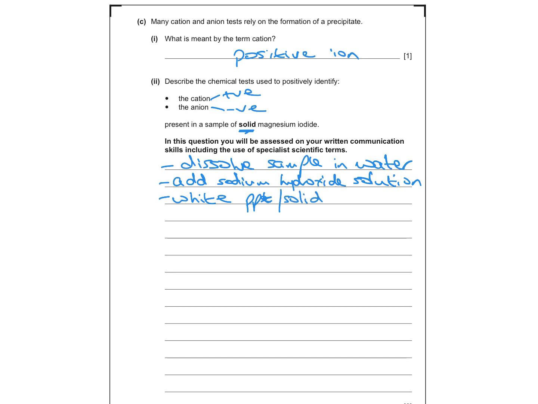Now a white precipitate, a precipitate is just a solid that forms in a liquid during a reaction. Now magnesium ions are not the only cations to form a white precipitate with sodium hydroxide solution. Aluminium and zinc ions will produce the same result.